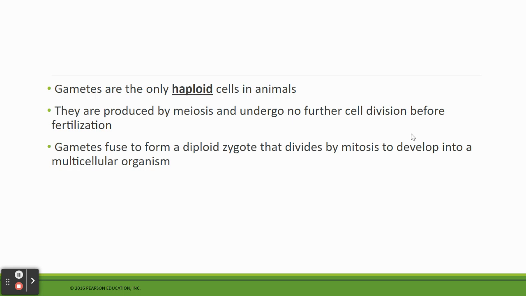All the other cells are going to be diploid because they're going to have two sets in there, one from mom, one from dad. Gametes are produced by meiosis, and they're not going to undergo any other cell division before fertilization. Meiosis happens first. Gametes are going to fuse to form a diploid zygote that divides by mitosis to develop into a multicellular organism. So first we have meiosis, and then we go into mitosis as soon as we're developing a multicellular organism.